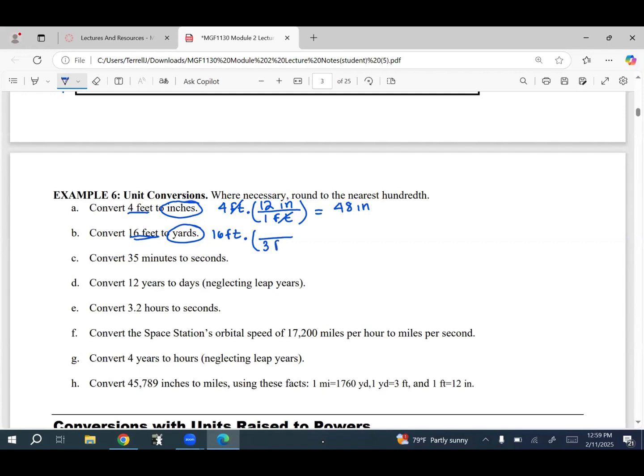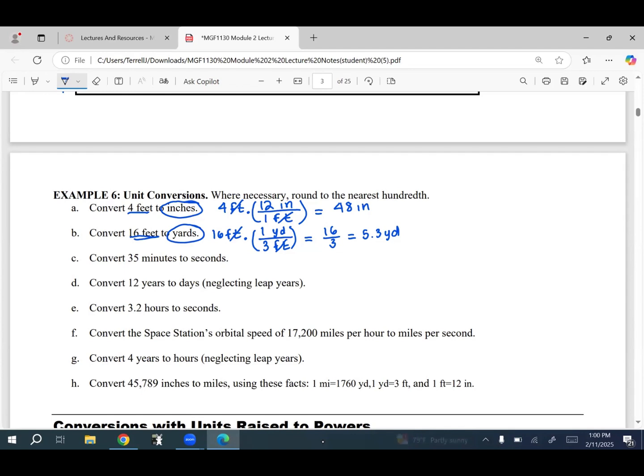So 3 feet is going to go on the bottom and 1 yard will go on top, because then feet will cancel, which gives my final answer in yards. And when you multiply across, that's 16 times 1, which is 16 over 3. And if you divide that, you should get like 5.3 yards.